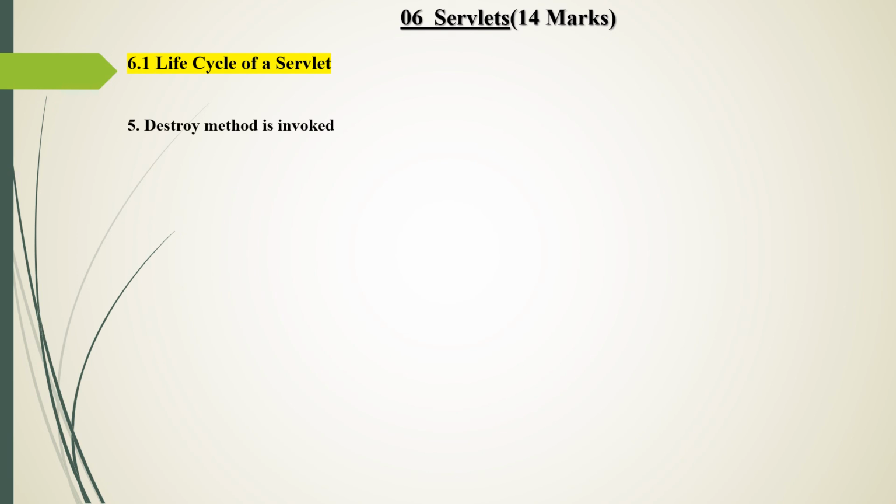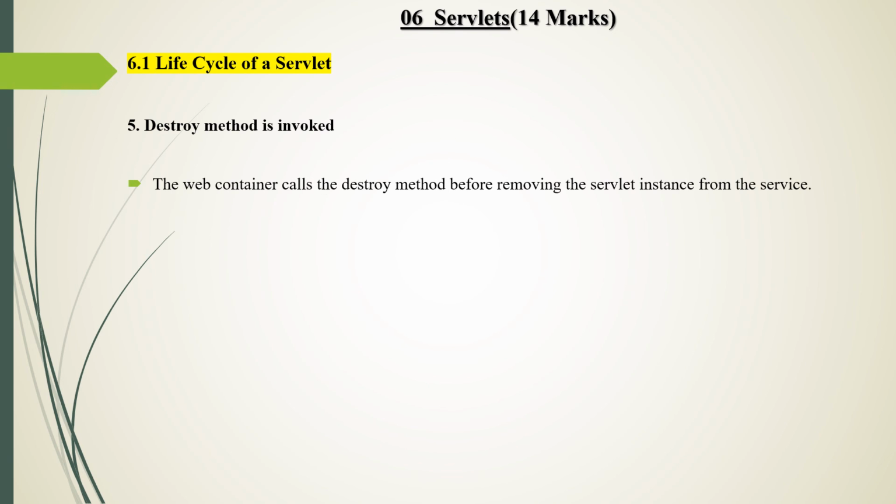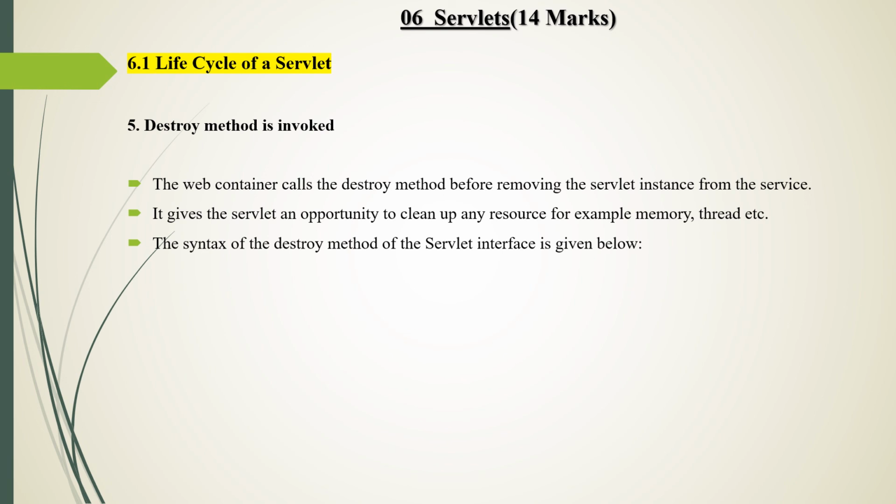And the last step is the destroy method is invoked. The web container calls the destroy method before removing the servlet instance from the service. It gives the servlet an opportunity to clean up any resources, for example memory, threads, etc. The syntax for the destroy method is public void destroy.